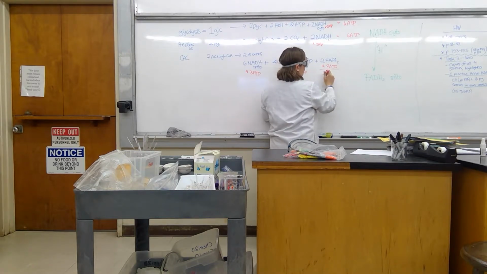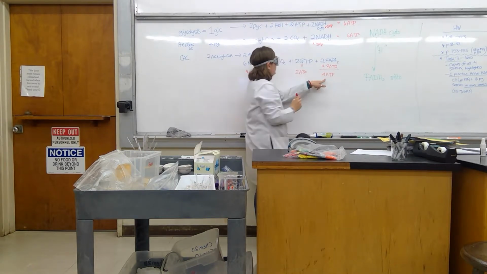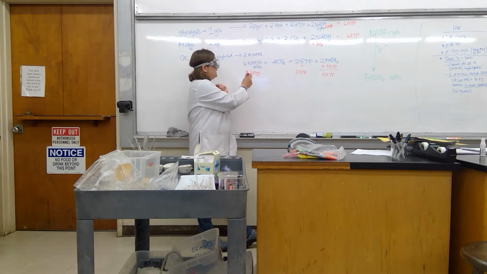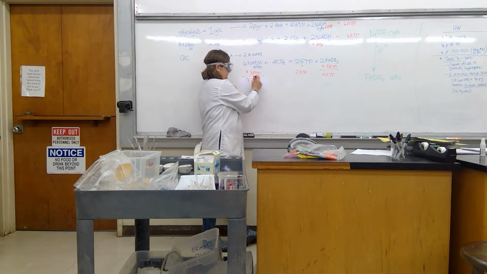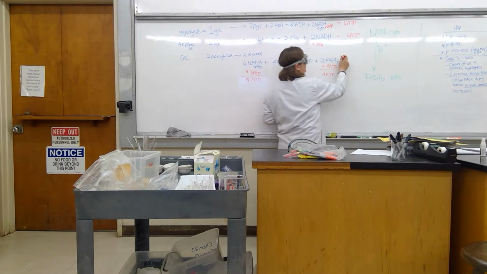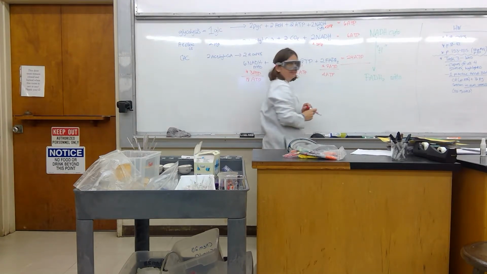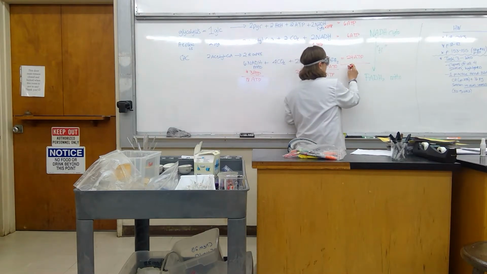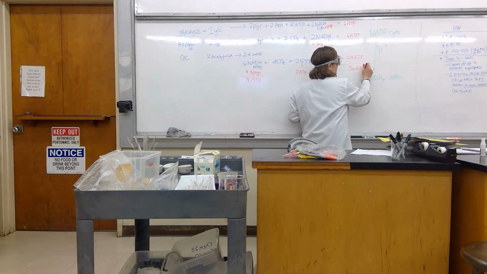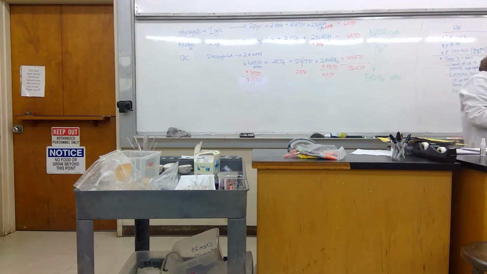So this would be like 4. So 4, 5, 6 plus the 18, 24. And so how many ATP altogether? 36. Okay? And so that would be, if we're talking about a eukaryotic cell, that's what it would be. How would it be different if it were a prokaryotic cell?